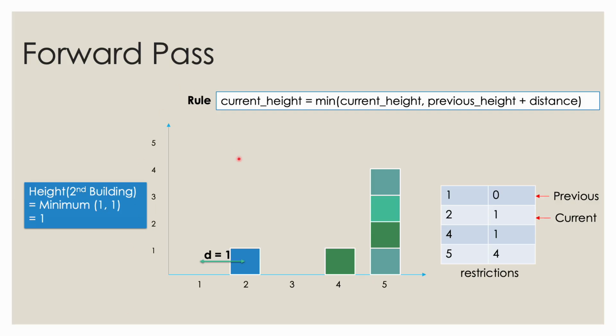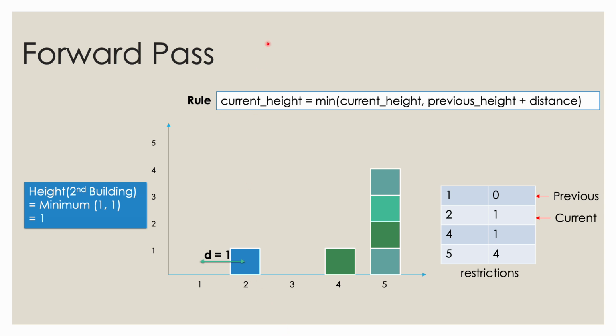In this pass, we have taken this example where we have this restriction array, and we are going to have 2 pointers here. We have previous and we have current. So I'm at my current, second building right now.